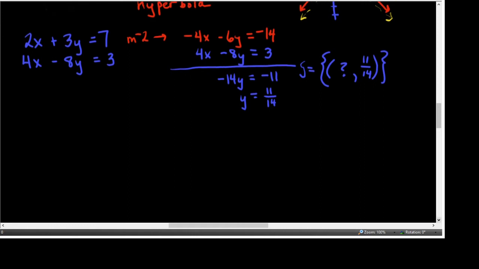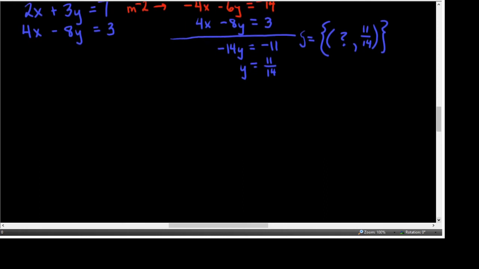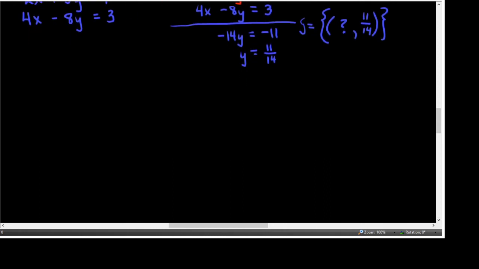And so for two lines, that can only be 1 point, or no points if the two lines are parallel, or infinitely many points if they're the same line. Okay, that's not going to be a big issue in this section. Most of the problems that you're going to have here involve at least 1 point in the solution set.